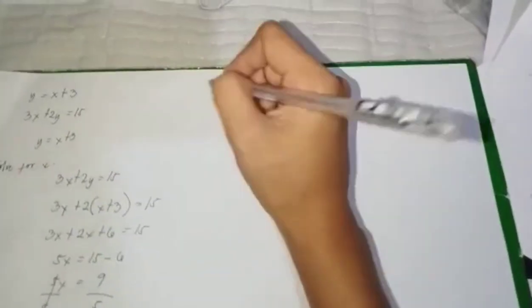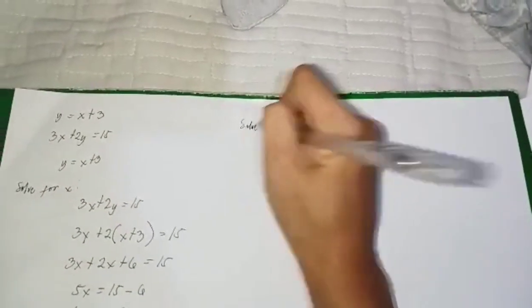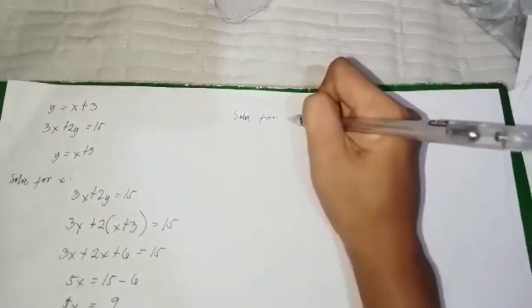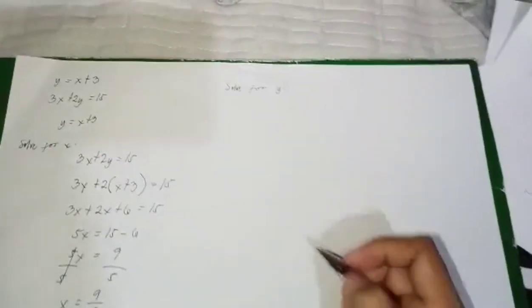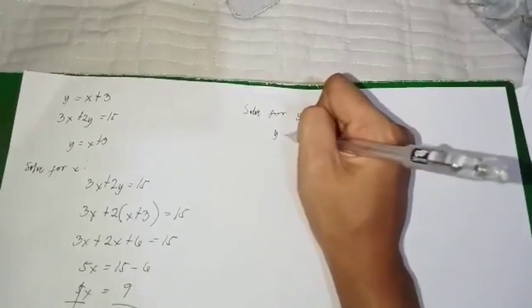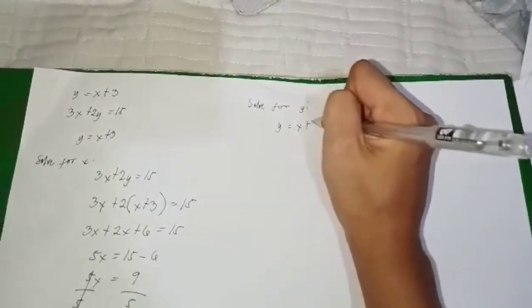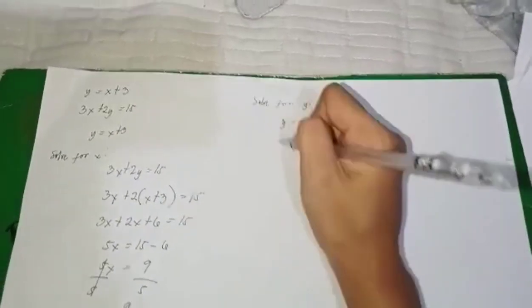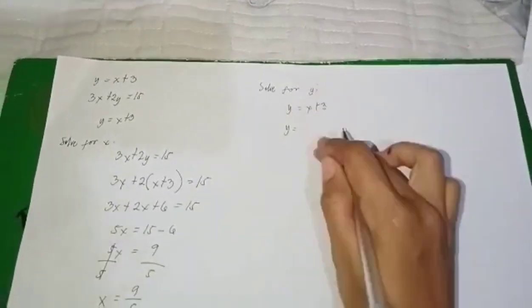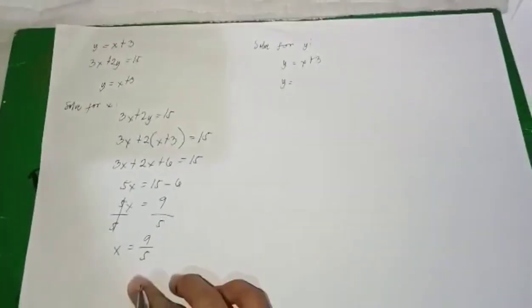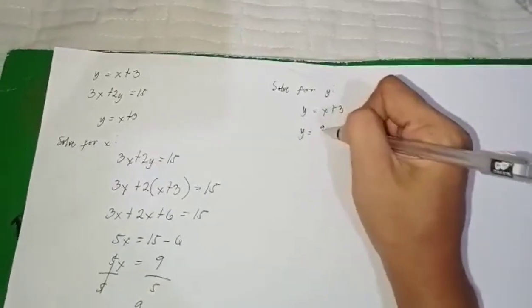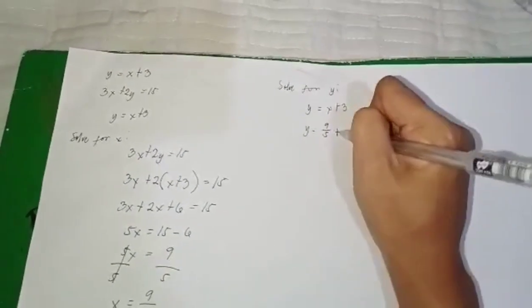Then, solve for y. So, y is equal to x plus 3. Then, y is equal to 9 over 5, the value of x, plus 3. So, 9 over 5 plus 3.